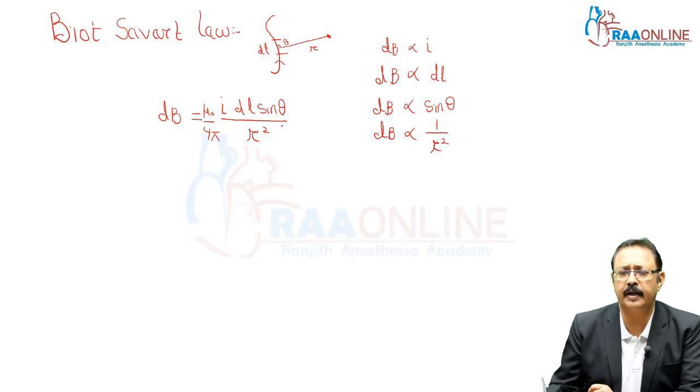Mu naught is known as permeability of free space.